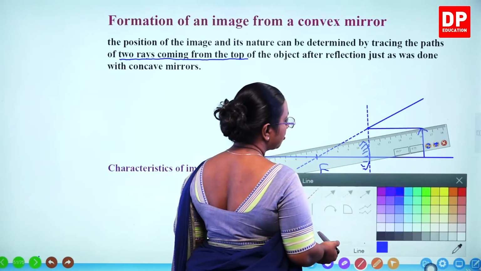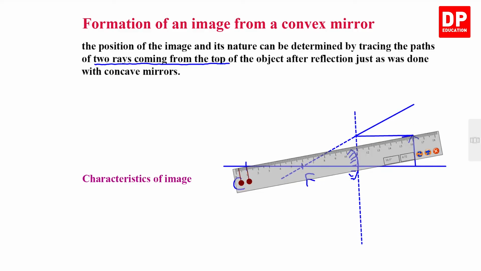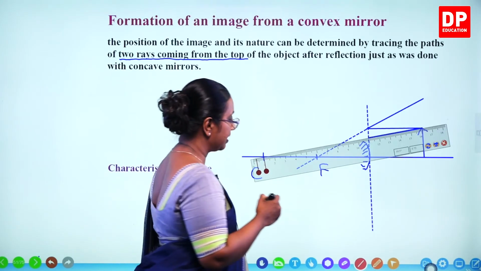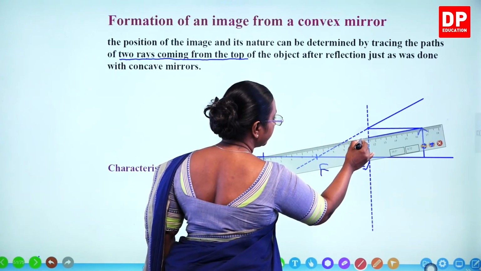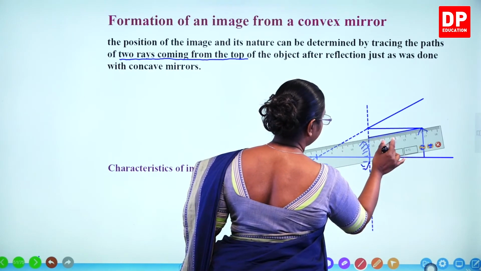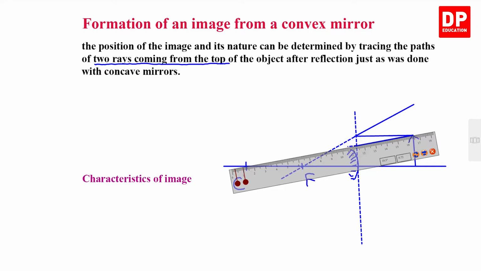So if we draw a ray, this is the ray coming. Okay. So that will reflect back in the same path. So I will use a broken line to extrapolate that ray. So this is how it's going to go.